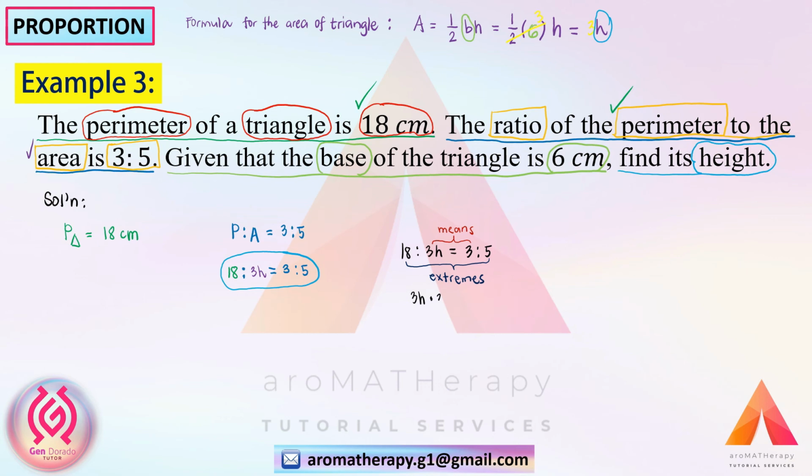So we have 3H times 3 is equal to 18 times 5, which is 9H is equal to 18 times 5. Now we need to divide 9 on both sides of the equation.